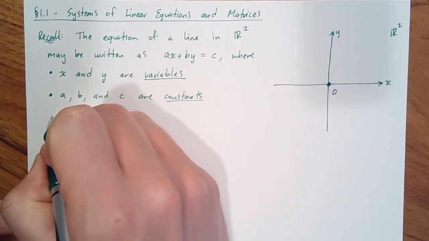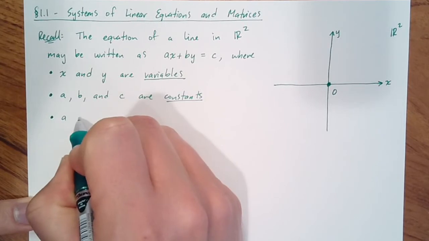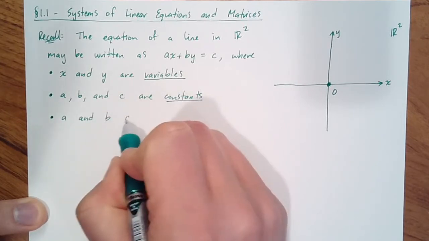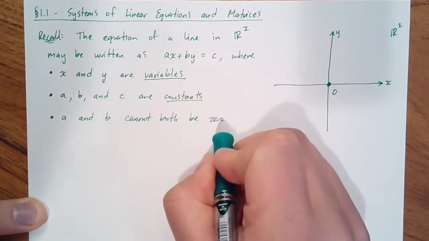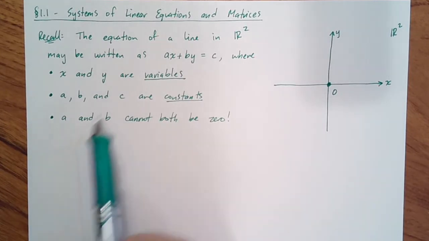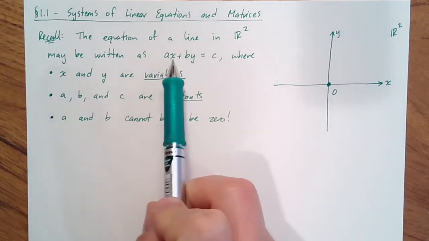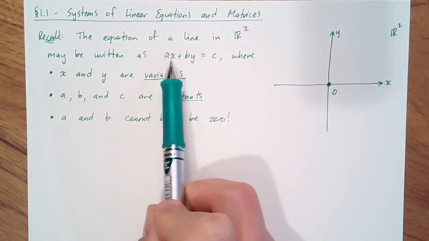And then another thing I want to say, this extra requirement here, is that A and B can't both be 0. And why is that? A lot of times you'll just tacitly make that assumption without even realizing you're making that assumption. But let's pause for a moment here and really look at why that's important, and then we'll go forward with that assumption from here. So if A were 0, this first term would just disappear because it doesn't matter what x is. If you multiply it by 0, it evaluates to 0.